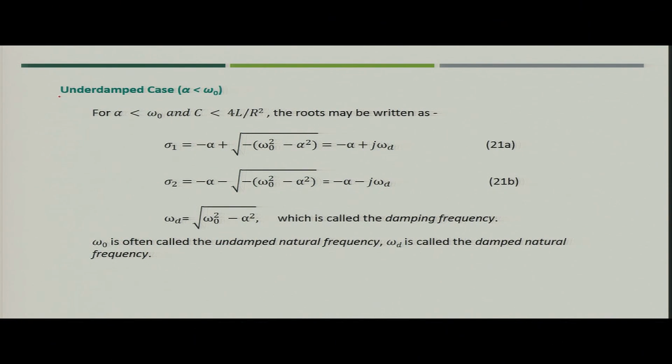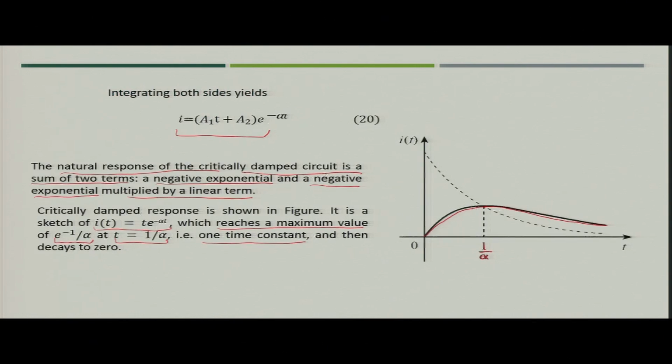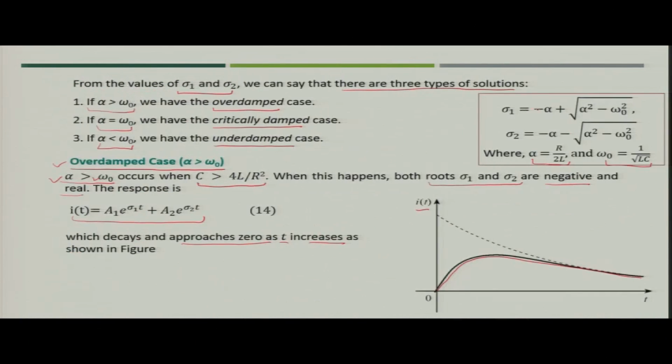Now, the third scenario is when alpha is less than omega naught, which means C is less than 4L by R square. The roots which you have seen, sigma 1 and sigma 2, are minus alpha plus or minus root of alpha square minus omega naught square.